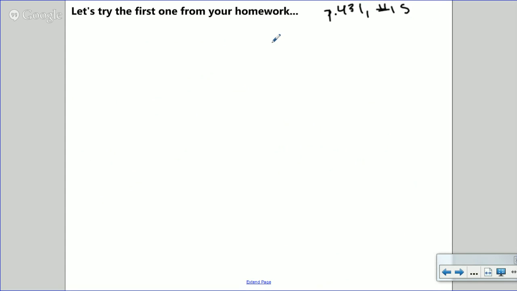And we have, it looks like, y times dy dx minus 2e to the x is equal to 0. And it looks like my initial condition is 0, 3.